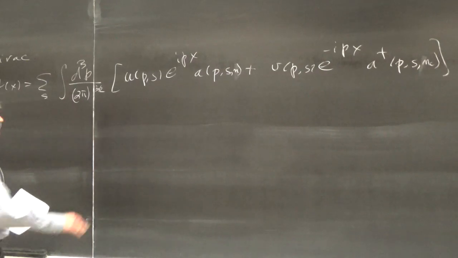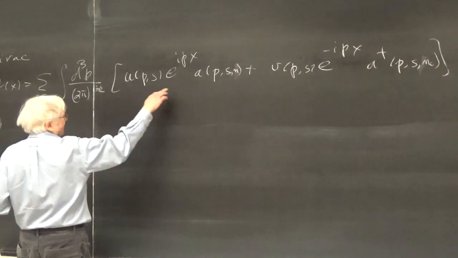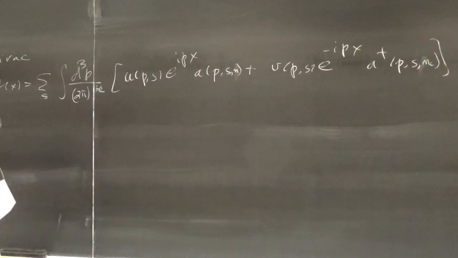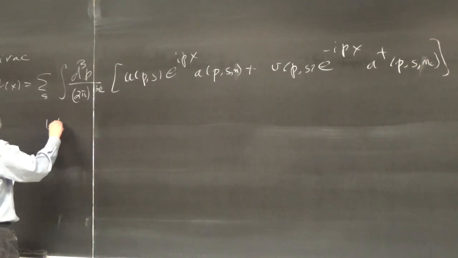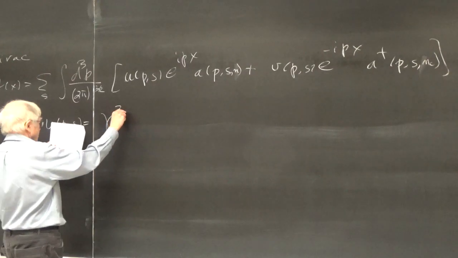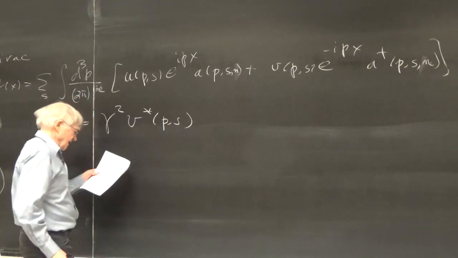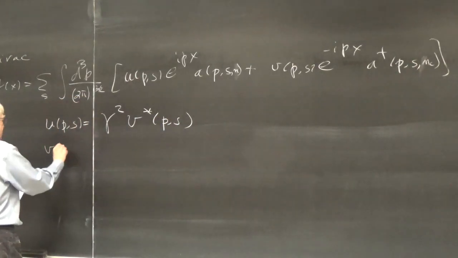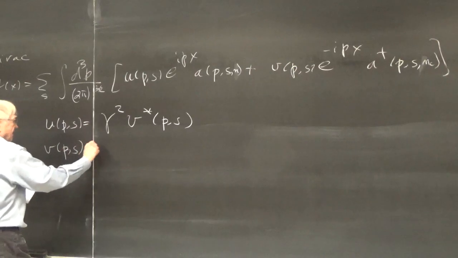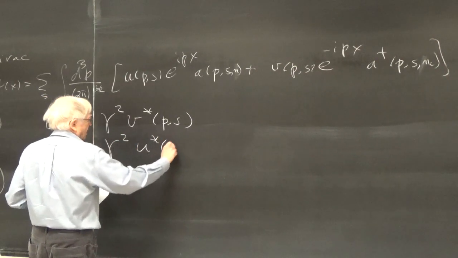Now, it turns out that the spinors that we've defined carefully, and you will probably justly say too carefully, are such that u of p and s is actually equal to gamma 2 times v star of p and s. And moreover, v of p and s is gamma 2 u star of p and s.